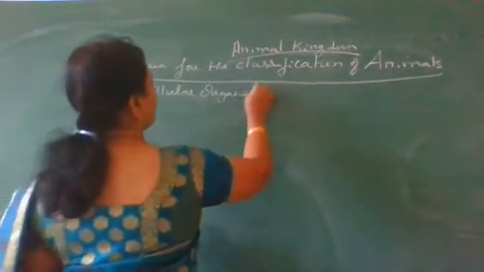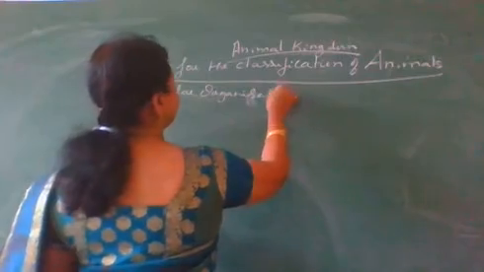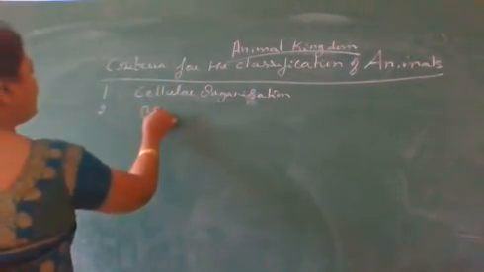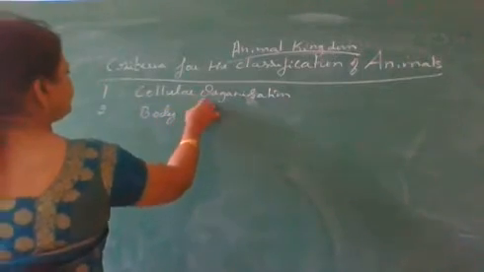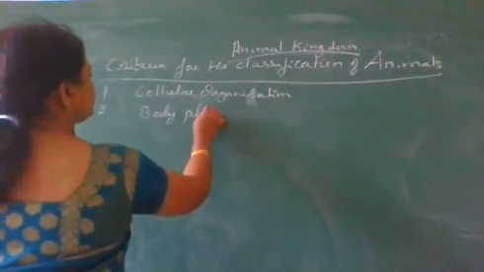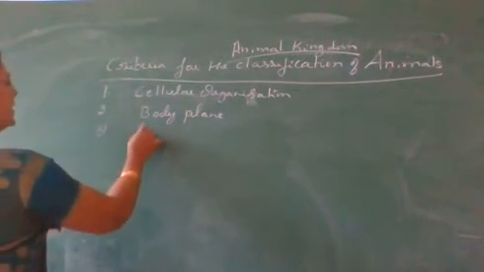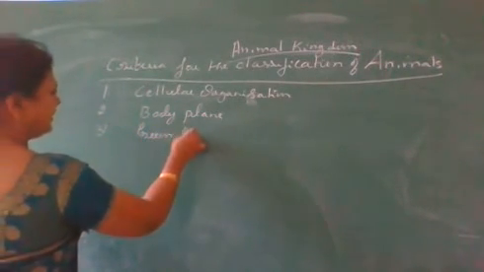And second is body plan. Third is germ layers.